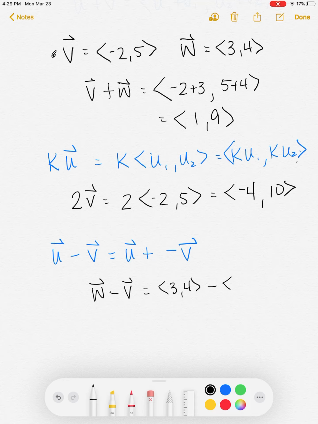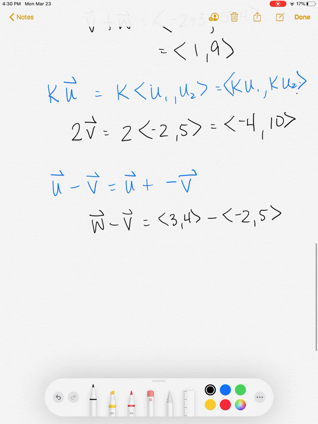So we're going to subtract negative 2, 5, and we're going to subtract each component just like you might imagine. So we're going to get 5 because 3 minus negative 2 will be positive 5. And then negative 1 because 4 minus 5 is negative 1.